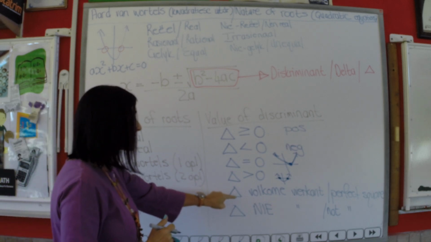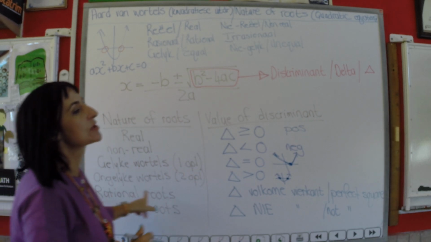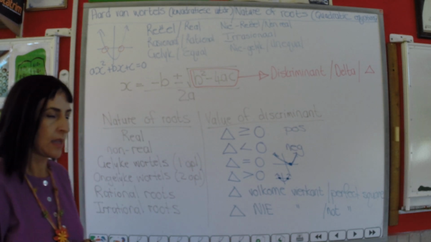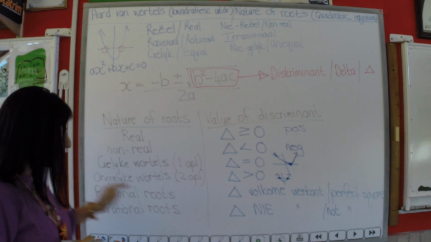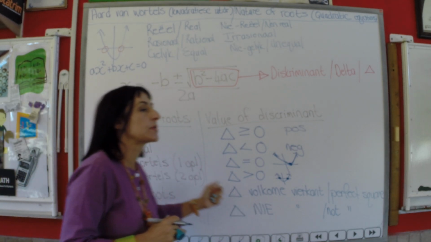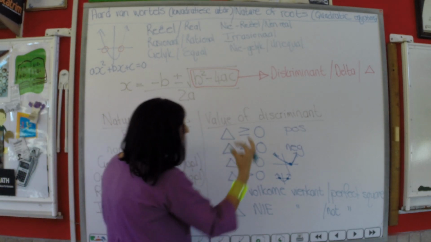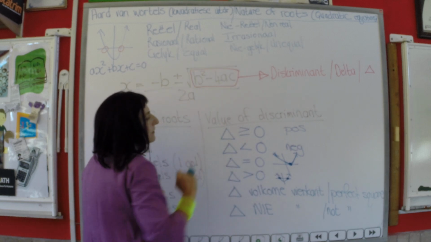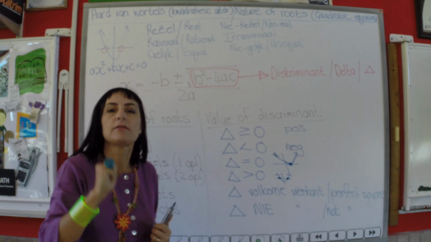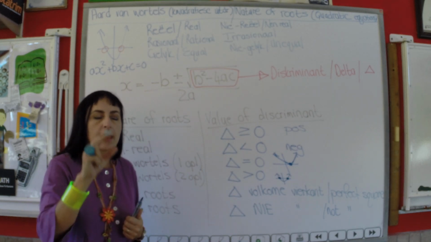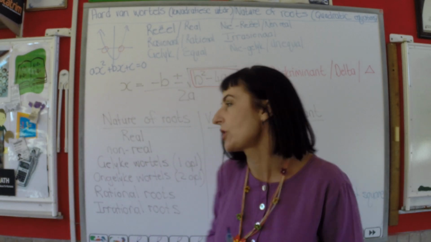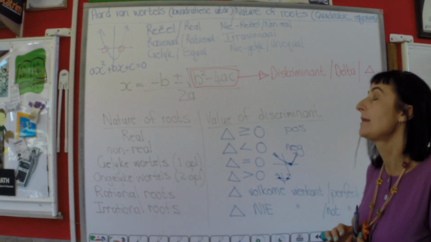When that happens, we know that the roots are rational. And when that doesn't happen, we know the roots are irrational. So by working out the value of delta, the discriminant, you can give 3 properties of the roots, and that you must be able to do. And I'm going to show that to you in an example.